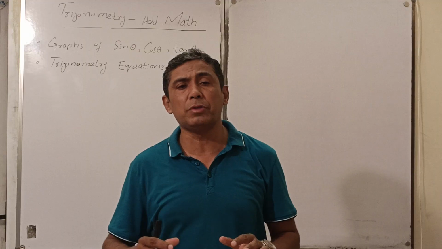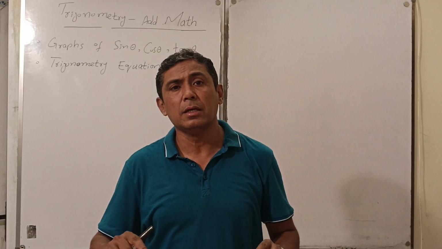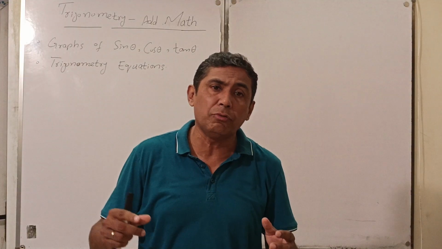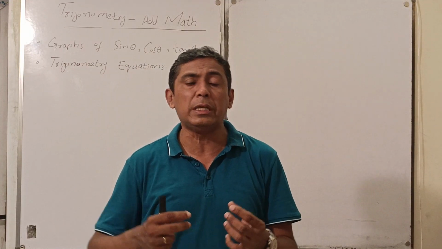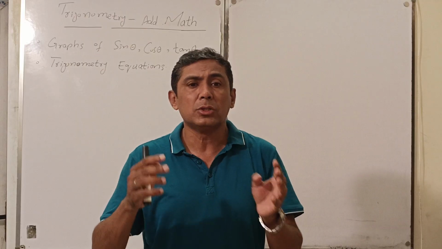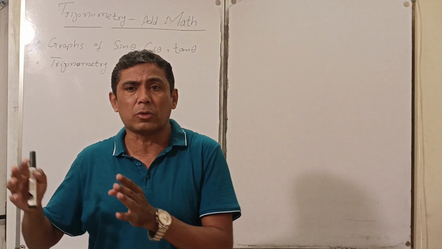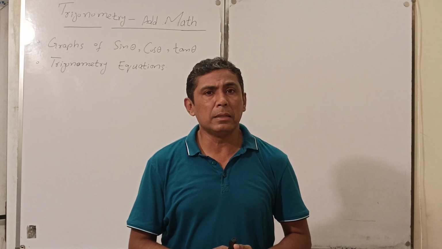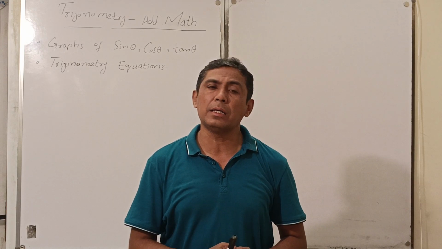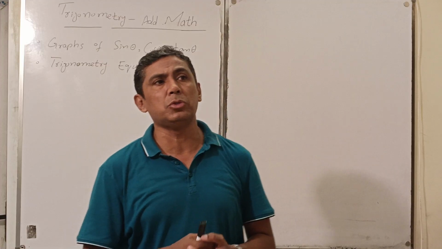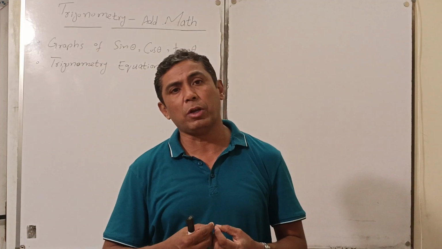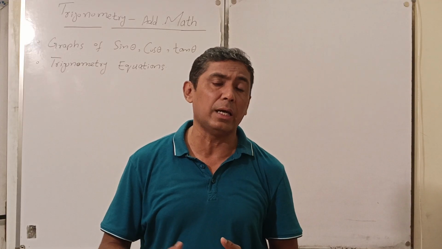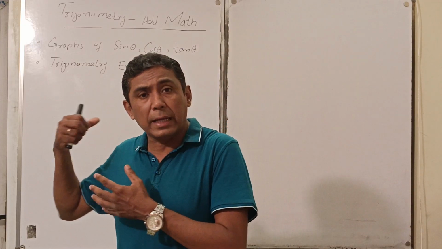Similarly, you have to solve equations and identities, to plot a graph and to prove the left-hand side equals the right-hand side. This is a common kind of question which may be asked in your final exam. Today we are starting first of all with the shape of the graph of sine theta, the cos theta and so on, tan theta.